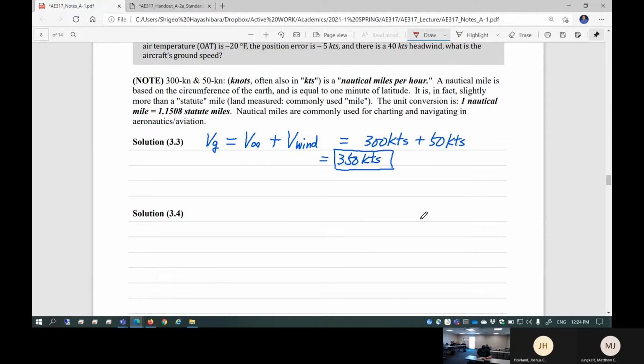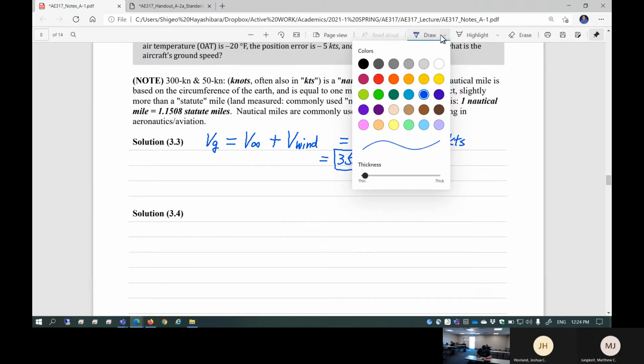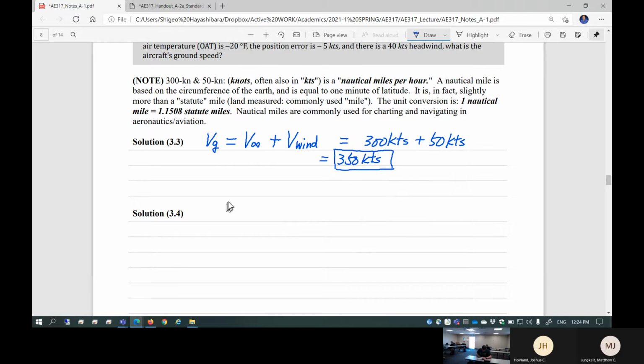So let's begin with indicated airspeed. Indicated airspeed V_I is 205 knots, right? So starting from here, you are going to have calibrated airspeed.